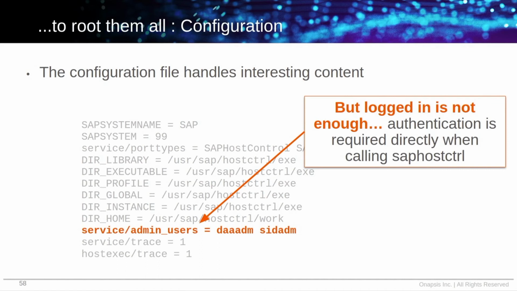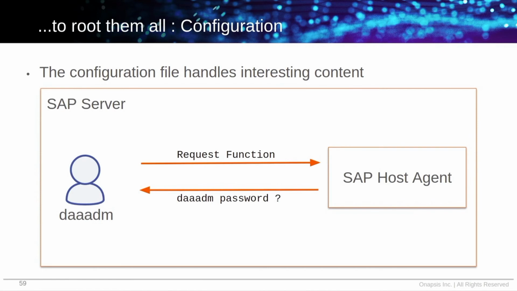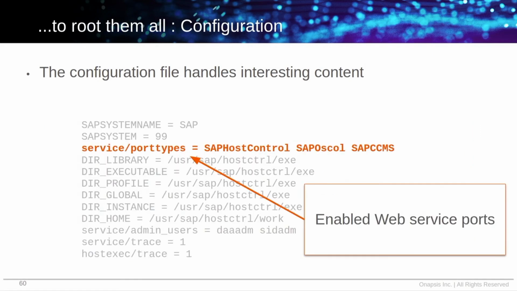But unfortunately, after a few tests, we understand that even if we are logged in as the ADM user locally on the system, we need to provide the password again when we call the SAP host control. So we are a bit disappointed because in our case, we use the Solution Manager to execute the ADM OS command, we don't have the password, of course. So we can't communicate directly like that.